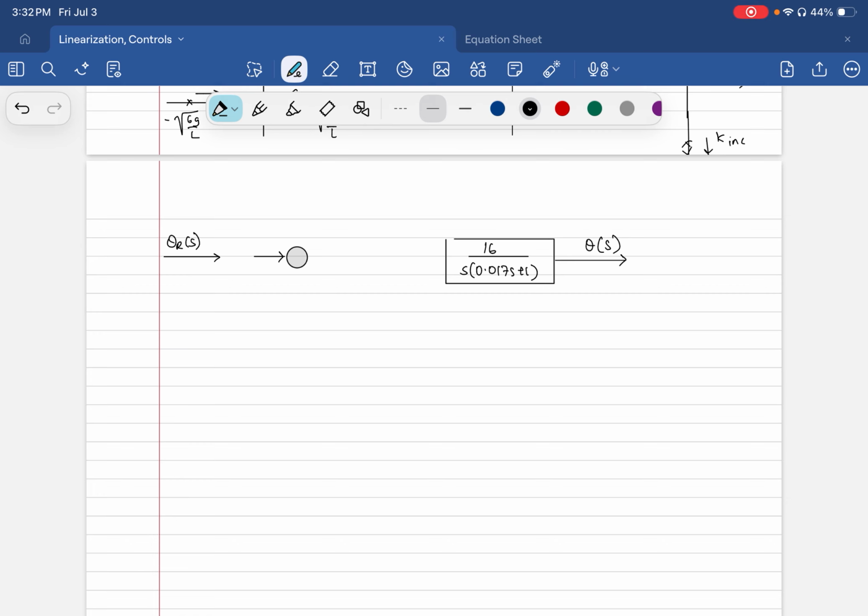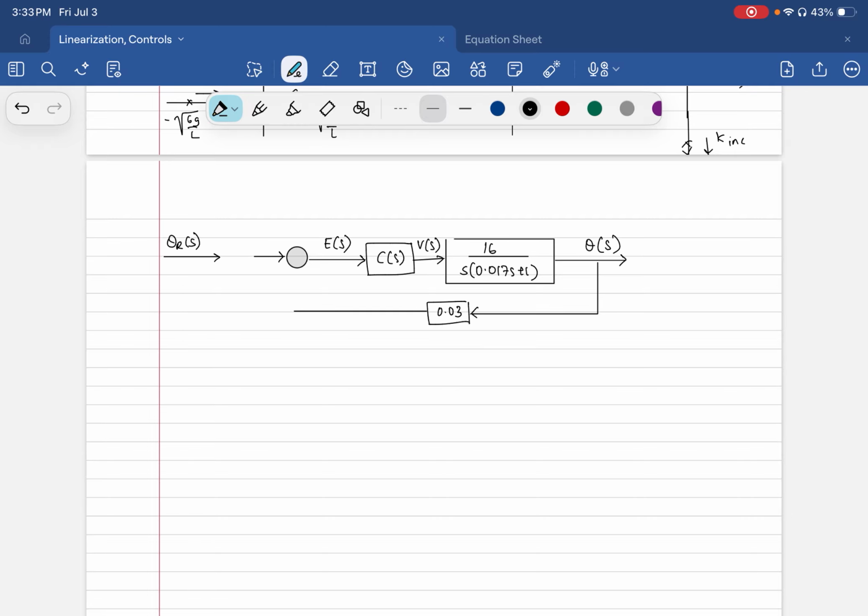This is the output theta of s. You're able to provide some v of s as your voltage, and your control system is here as c of s. And you want to take the error e of s as simply the difference between theta s and theta r of s. But let's say that we have a sensor that has a dynamic of 0.03. That's simply a gain.